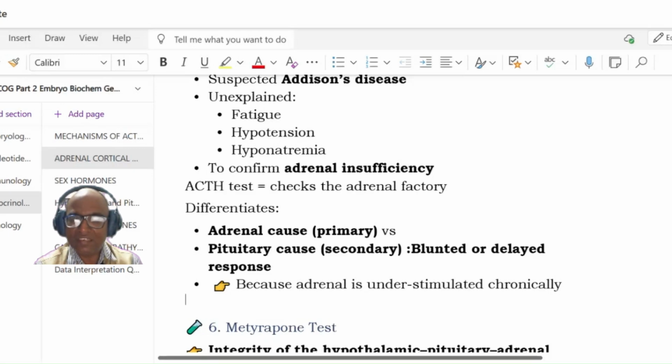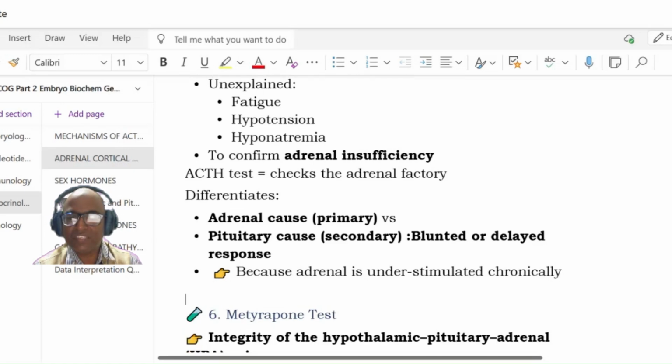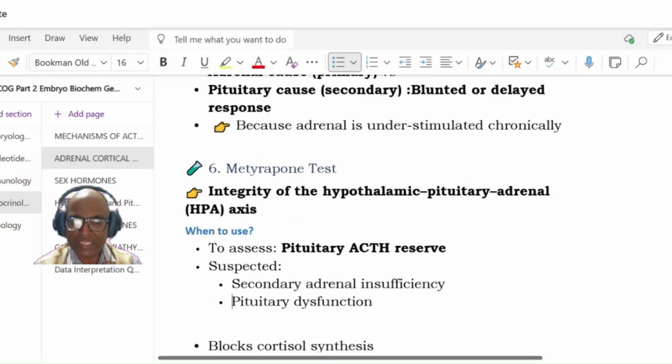So in secondary, that is the pituitary cause, the response will be blunted or delayed, because in that particular case, for a long time the adrenals are suppressed. So when you give the ACTH or the Synacthen, the response will be delayed or blunted. But if it is a primary adrenal which is at fault, there will be no response at all. The blunted response is because the adrenal is understimulated for a longer time. So if it is a secondary cause, it will be a blunted or delayed response.